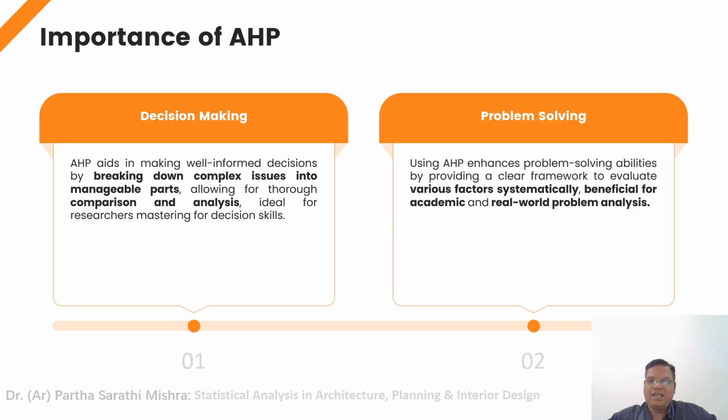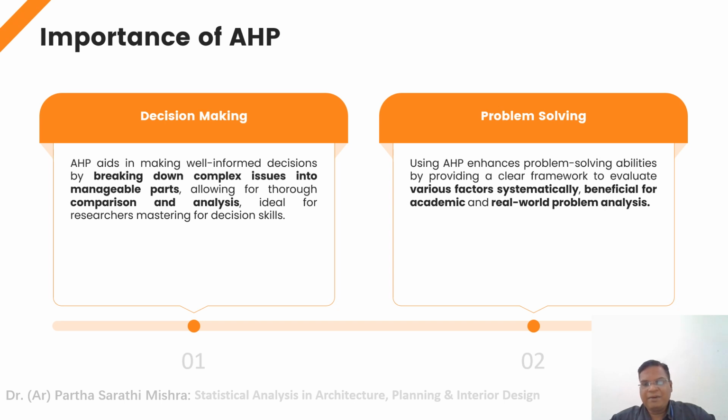So next is the importance of AHP. Obviously, decision making and problem solving. AHP aids in making well-informed decisions by breaking down complex issues into manageable parts, allowing for thorough comparison and analysis, ideal for researchers mastering decision skills.